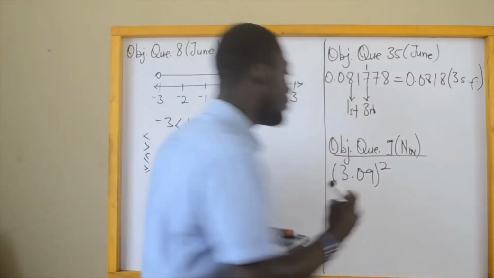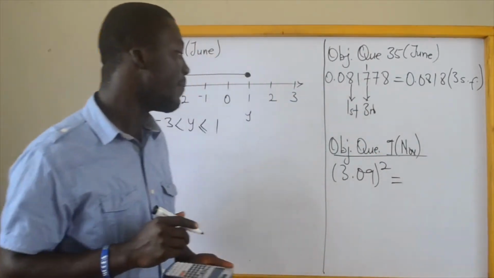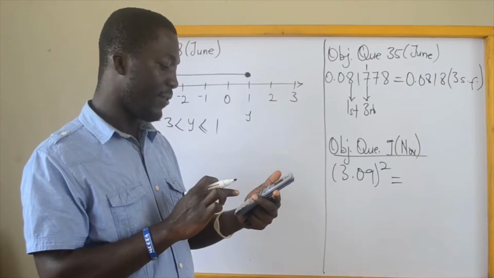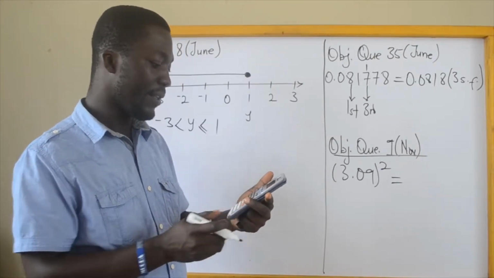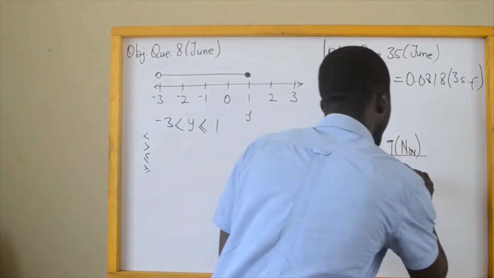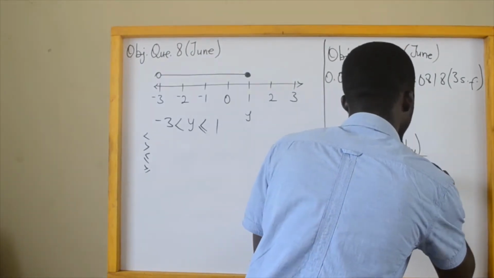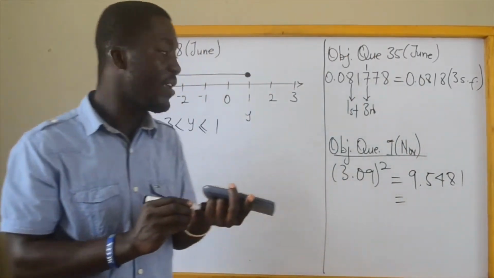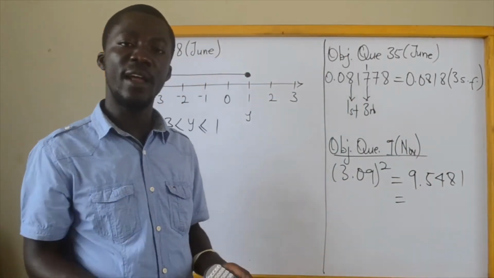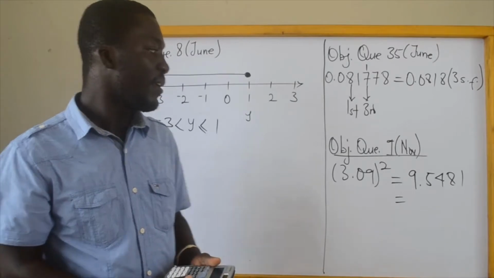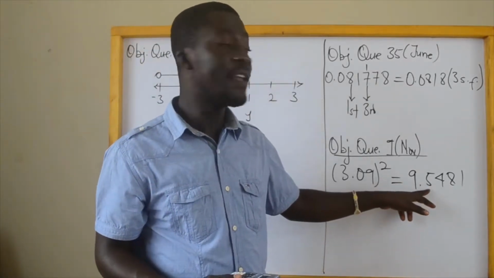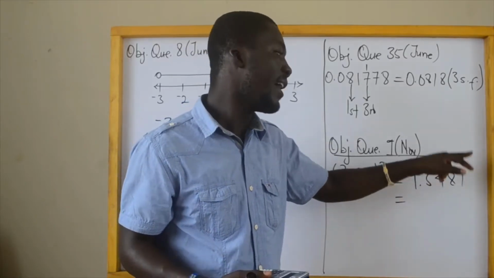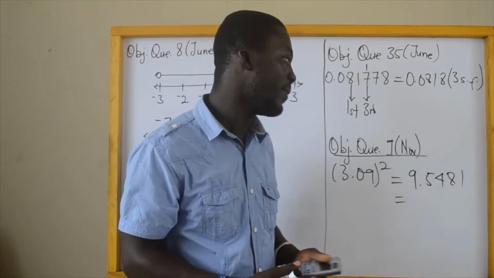Evaluate (3.09)² to 1 decimal place. So what we are going to do is to square 3.09. I'm using my calculator here. 3.09 squared, our answer is 9.5481. But we are to leave our answer in 1 decimal place. 5 is our first decimal place, 4 is our second, 8 is our third, and 1 is our fourth decimal place.